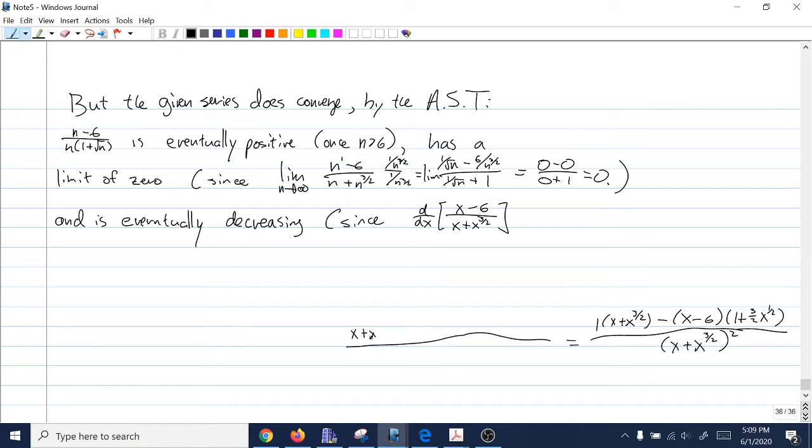I got x plus x to the 3 halves minus, when I FOIL this out, first is x, outside is 3 halves x to the 3 halves, inside is minus 6, last is minus 3 halves x to the 3 halves. Oh, I did last wrong. That was supposed to be minus 9x to the 1 half.